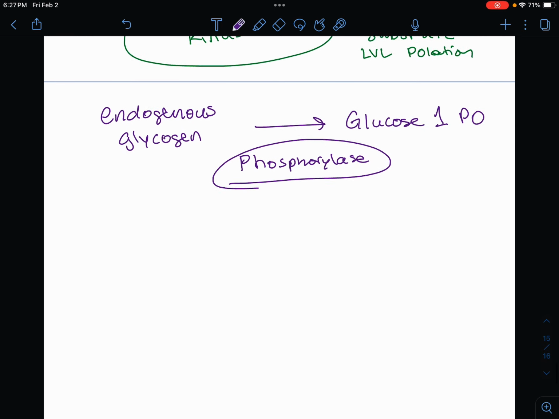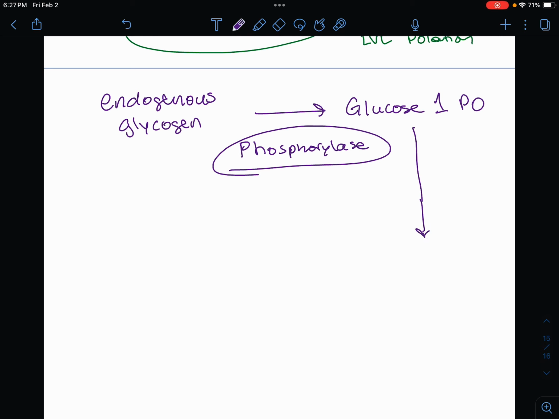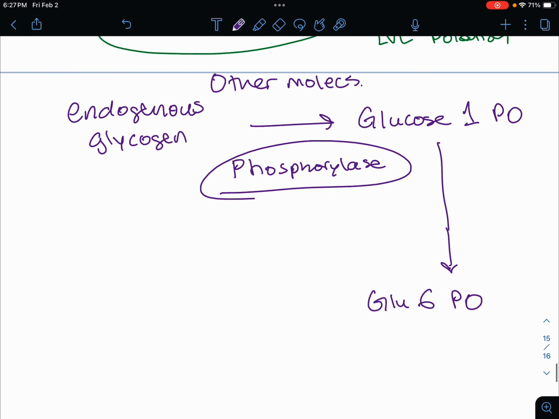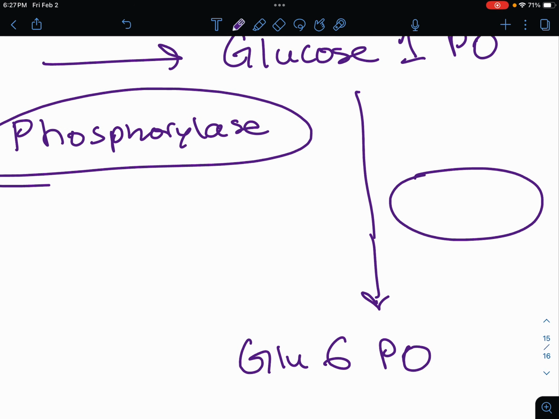And then after that, could go here. I'm going to title this other molecules. All right. Once we get to our glucose 1-phosphate, we need to now get to glucose 6-phosphate in order to continue in the pathway. So the enzyme here, our second enzyme when we're using endogenous glycogen, sorry about that, we're going to be using a phosphoglucomutase.